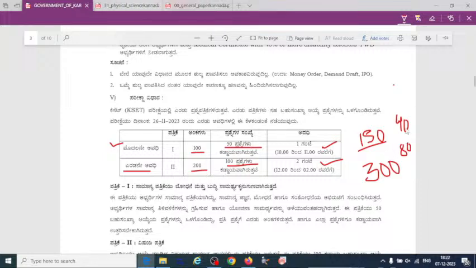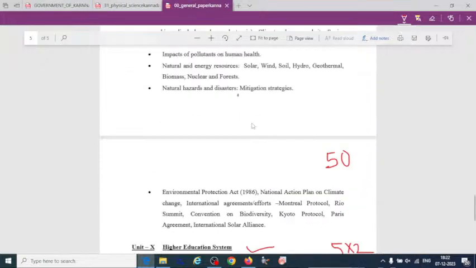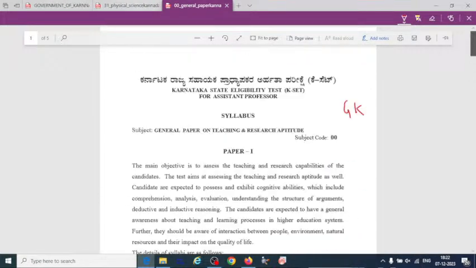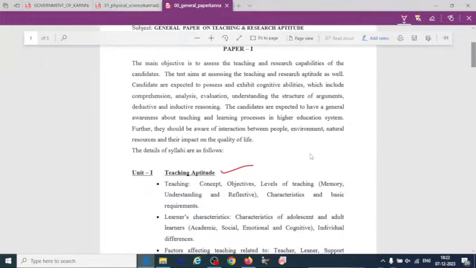That means for 40 marks, 20 questions you have to attempt in the GK paper. Among 50 questions, you have to mark 20 questions correctly.